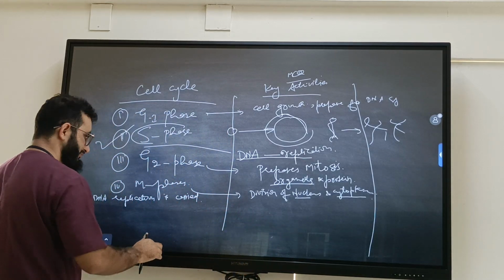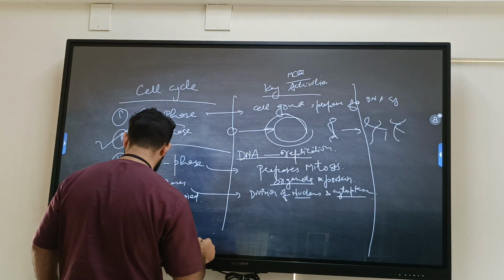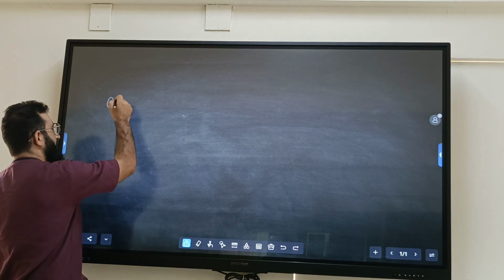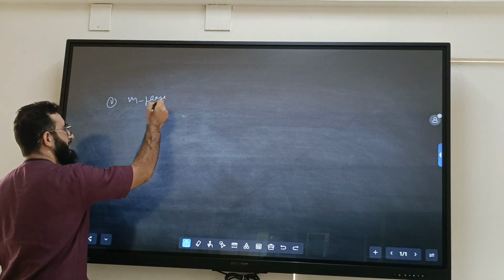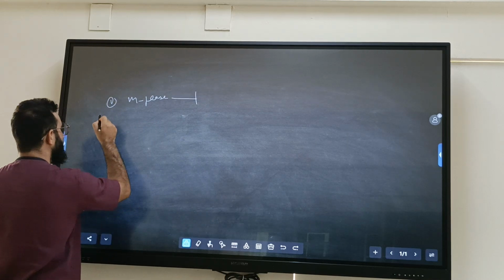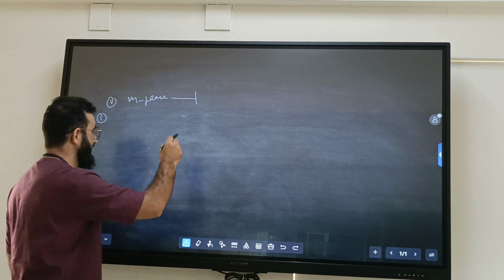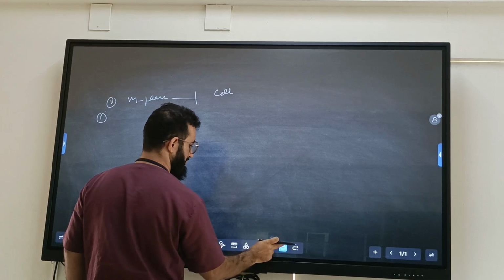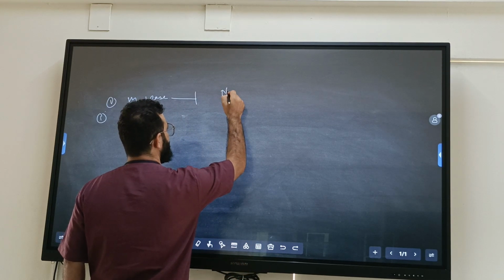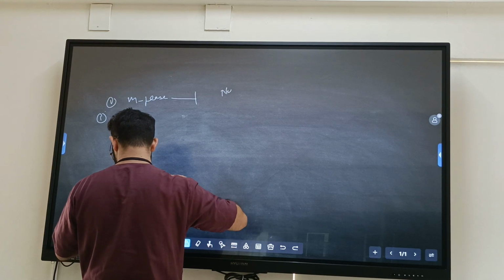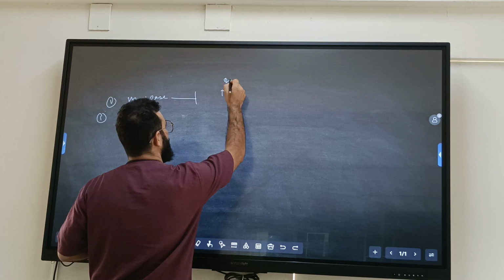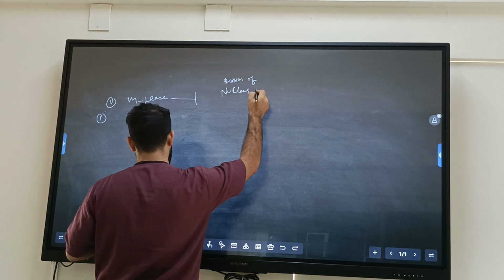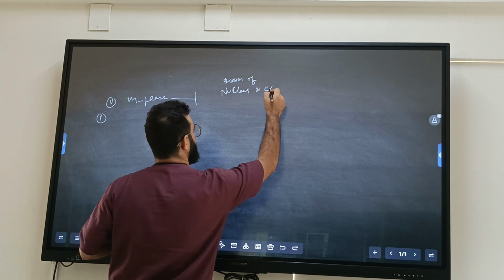Okay, so see, M phase is further divided into the following. In M phase, there is division of nucleus and chromosome separation.